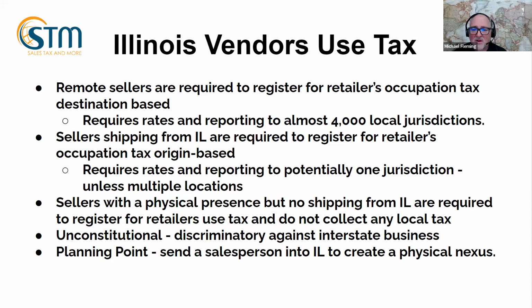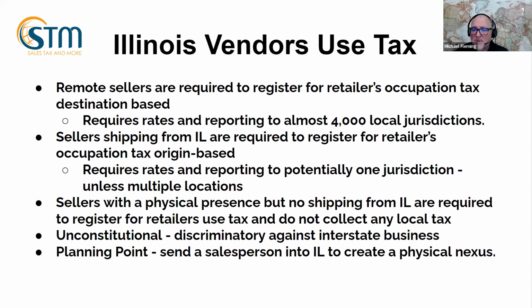So what we tell our clients, especially if someone's going to be doing the returns themselves, is send someone into Illinois, create a physical nexus, have a salesperson go there a couple times a year. Yes, there's a cost to sending a salesperson in there, but now you get to be retailer's use tax, and you don't have to worry about collecting the almost 4,000 local jurisdictions, and then having to do the returns and making sure all that money gets allocated to the right places.